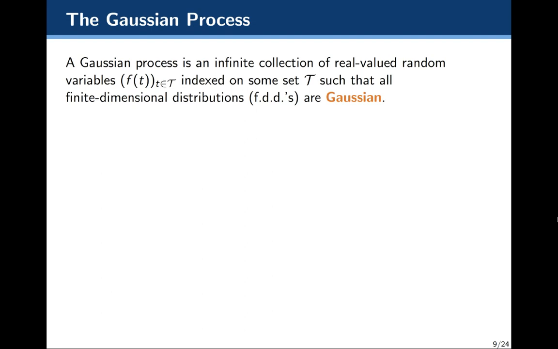And a GP works in such a way that each of these values, each functional value at any index point, are jointly distributed according to a Gaussian. And any finite index set in particular is distributed according to a Gaussian.